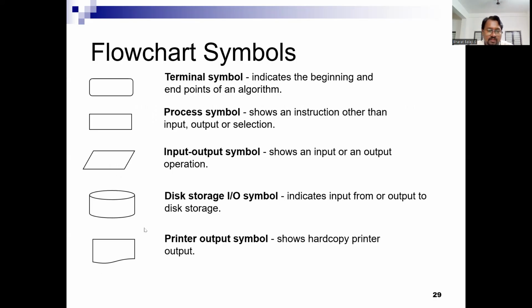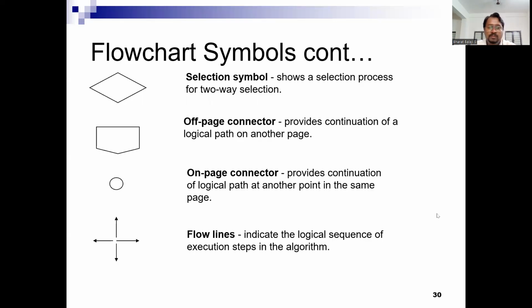These symbols can be used for printer output, which shows a hard copy or printer output. The rhombus is a selection among alternative ways. The half page connector is the trapezium, for a logical path, and then the on-page connector.